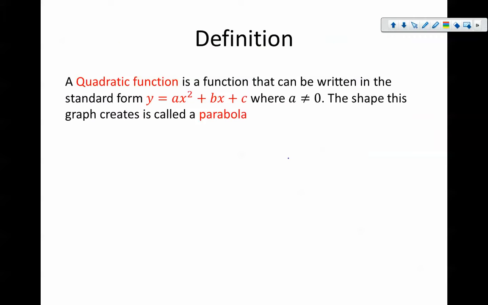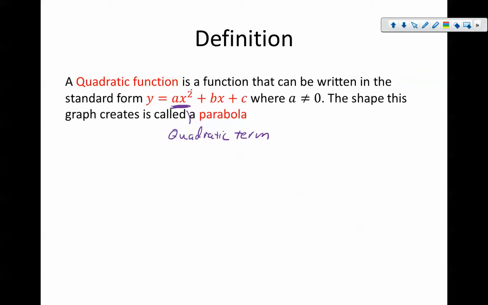So what is a quadratic function? Well, a quadratic function is any function that can be written in this form: y equals ax squared plus bx plus c. This first term you see right here, we'll call it the quadratic term, is the term that really makes this thing a quadratic function.